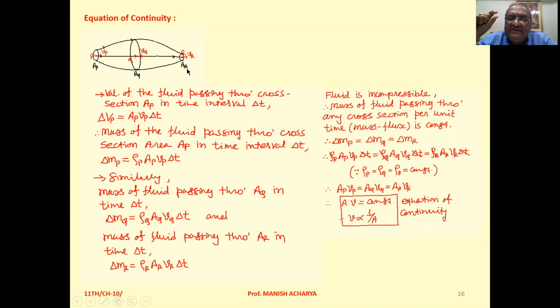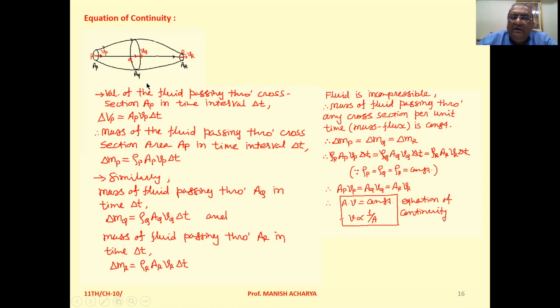These cross-sectional areas are such that the number of streamlines passing through each cross-section is the same.